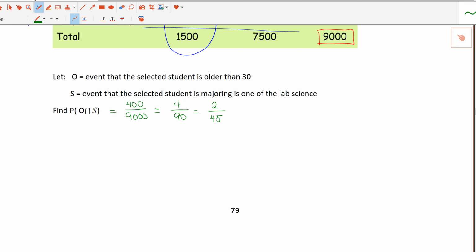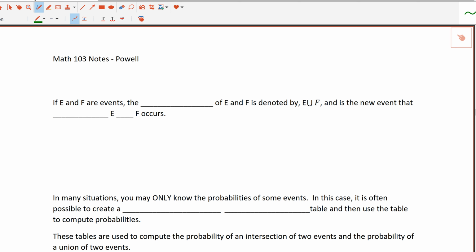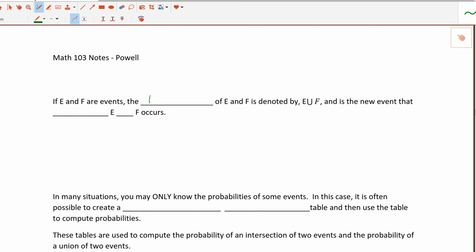Okay. So let's go ahead and now look at the union. If E and F are events, the union of E and F, which is denoted like this, E union F, looks like a big U for union. And sometimes we say or, E or F, because that's all that means.